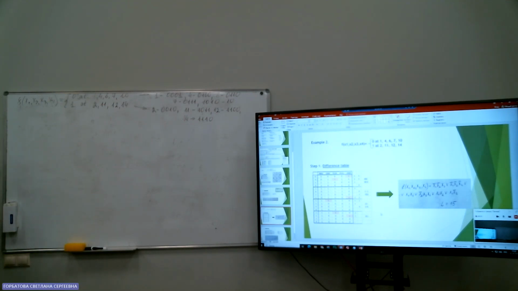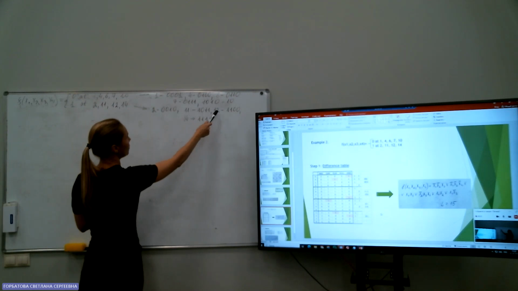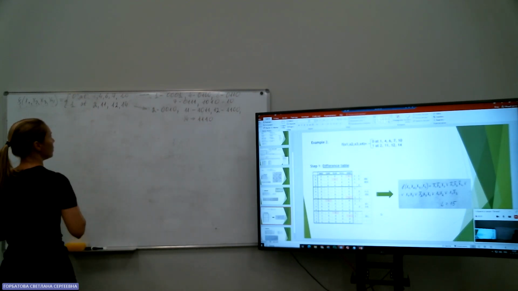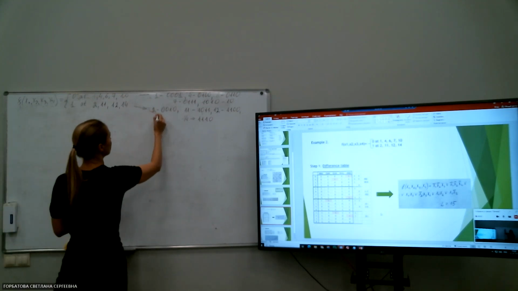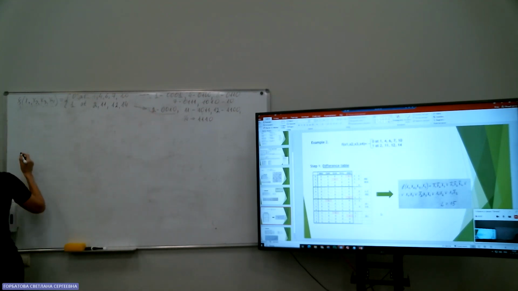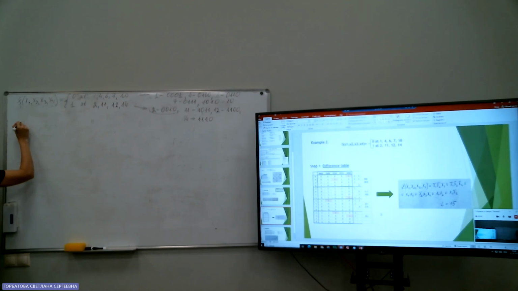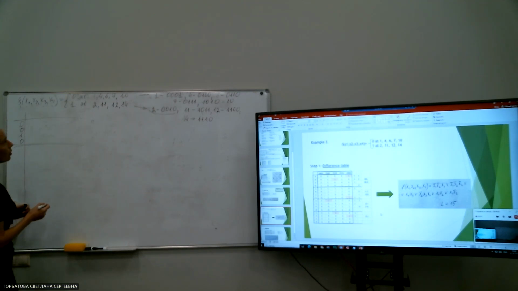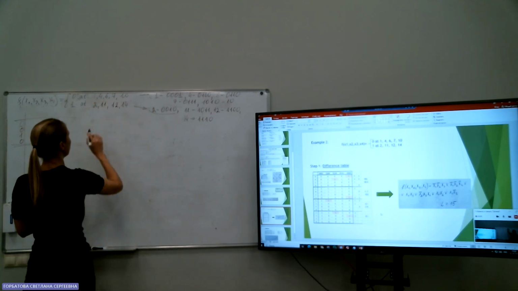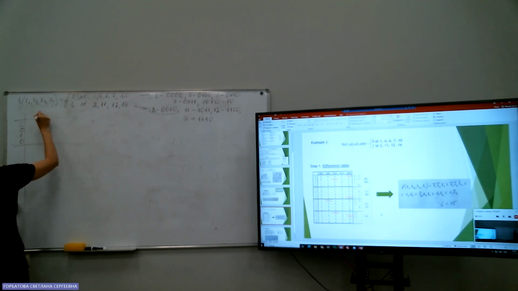Okay, so we'll have 4 tables. For the first table, point 2, 0, 0, 1, 0. And 5 columns.